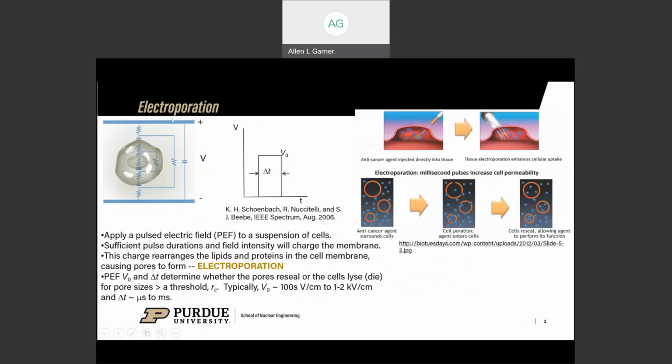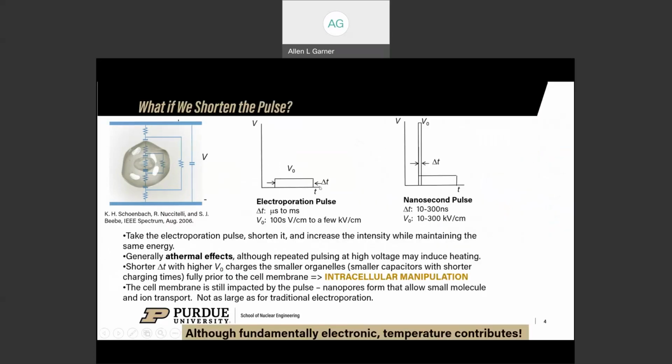So the objective of the early research at Old Dominion that still continues is how can these nanosecond duration pulses, which are shorter than the charging time of the cell membrane, affect cellular function? So the idea behind this was to take this electroporation pulse, which was microseconds to milliseconds in duration, hundreds of volts per centimeter to a few kilovolts per centimeter, and apply the same energy under the pulse.